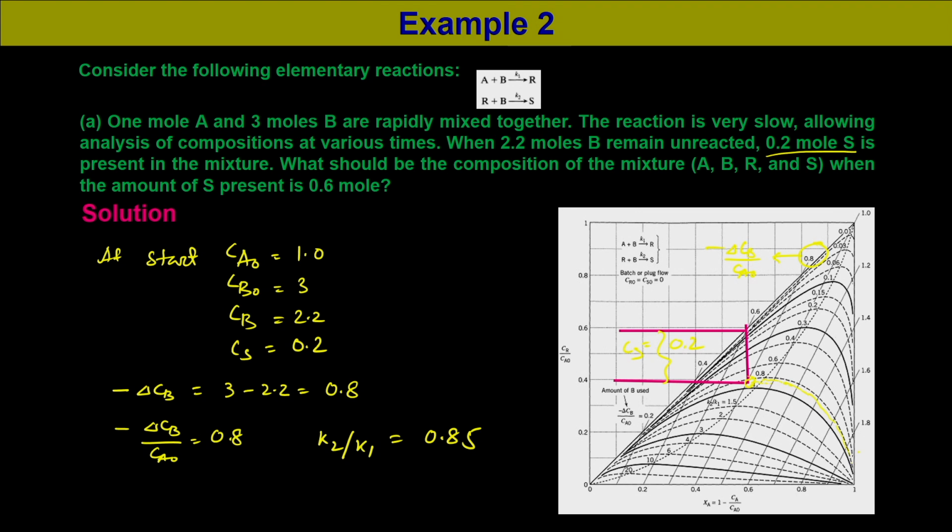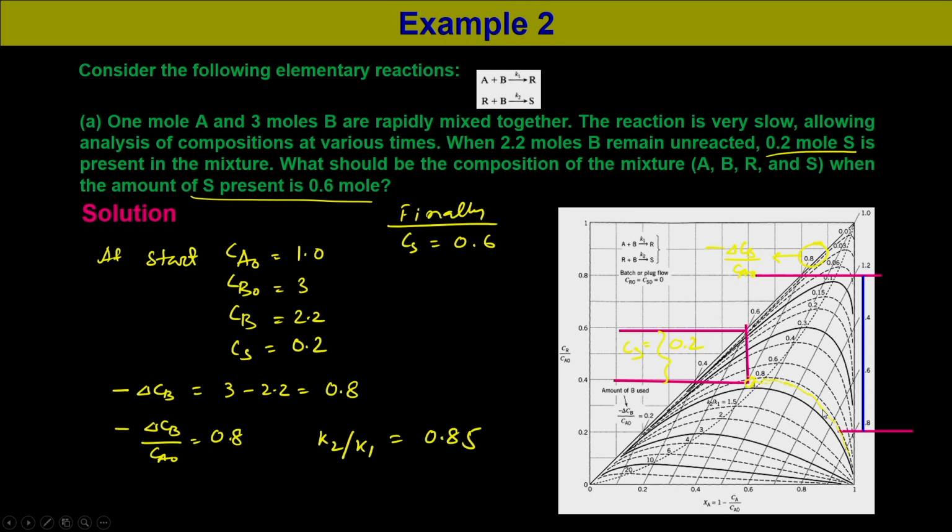This will be over here. So, then we can take this, S is 0.6 at this value. Since finally Cs is equal to 0.6, with this 0.6 we can locate this point.